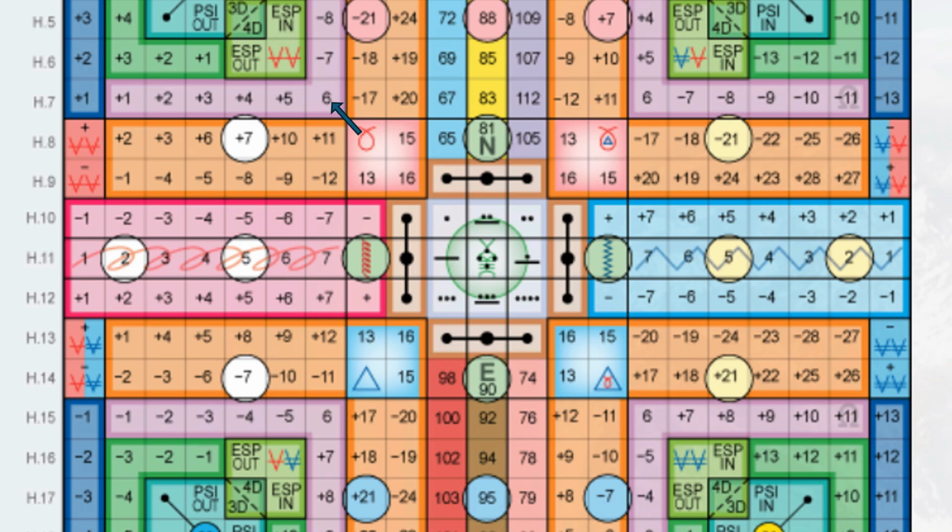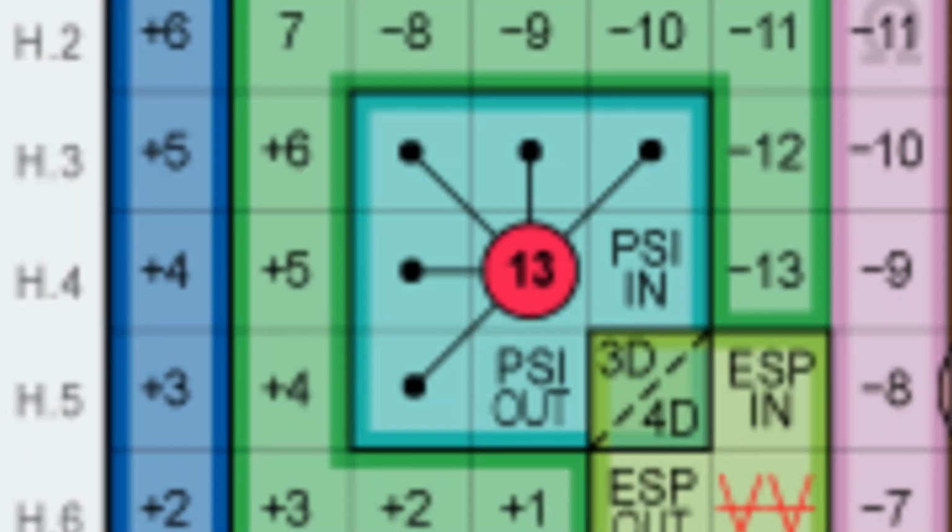Then from the hyperparton, it goes to the 6th unit of the 6th dimensional ESP flow to the hyperplasma channel. From the hyperplasma channel, it then goes to the phase unit.